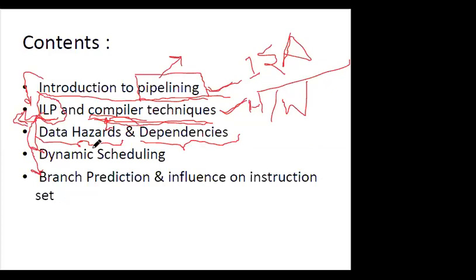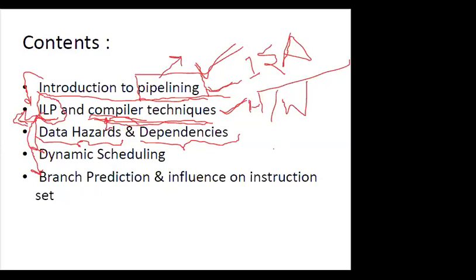Basically, there are three types of hazards we will discuss in the next slides, and one of them is the data hazard. And how do we eliminate these hazards in the process so as to implement this pipelining procedure properly? That we will see, along with dynamic scheduling.